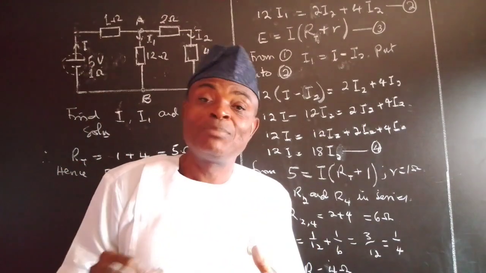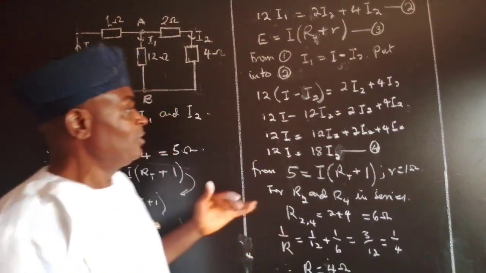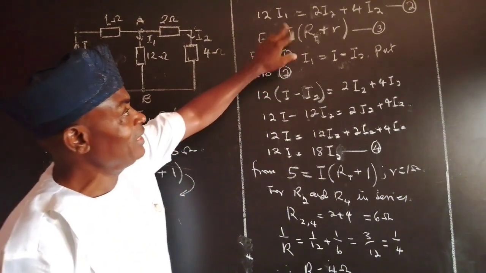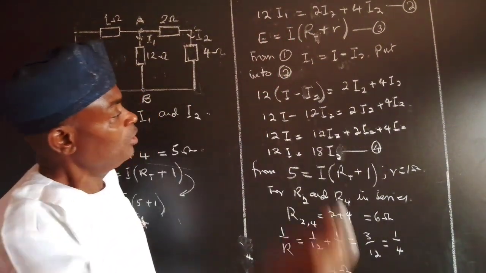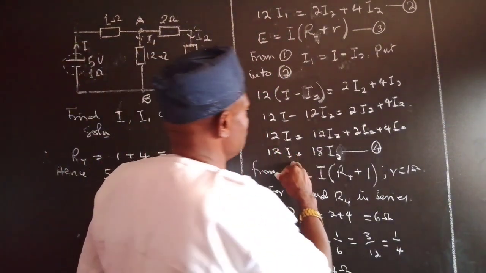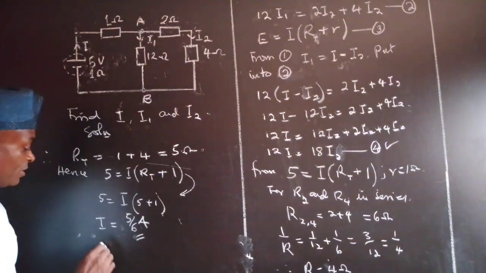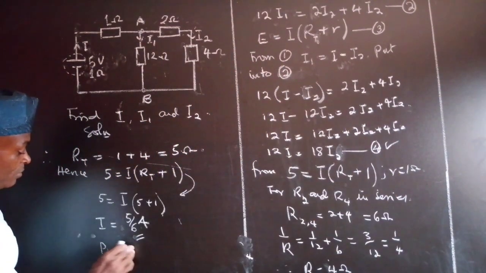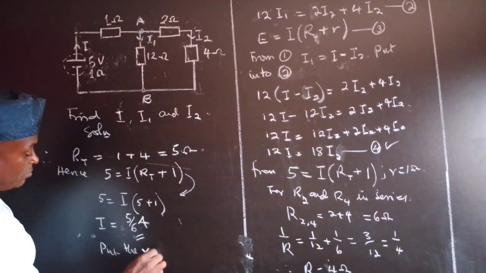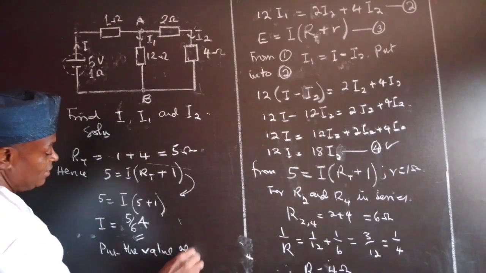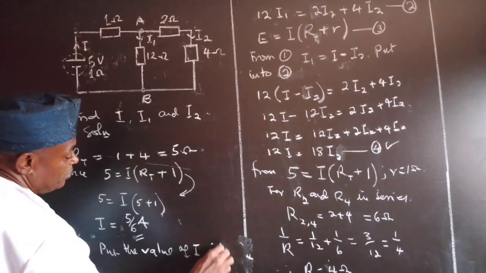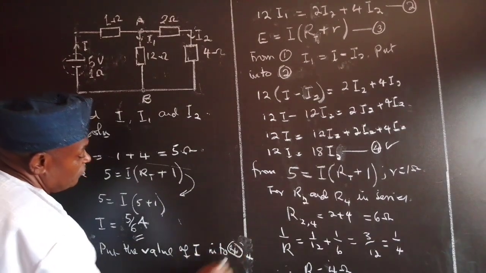Now, in order to be able to find the other currents, namely I1 and I2, we make reference to the existing equations. For instance, equation 4. So put the value of I into equation 4.